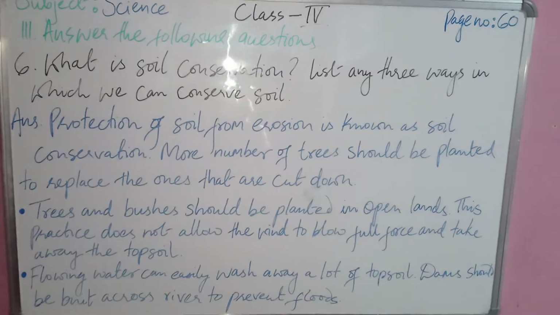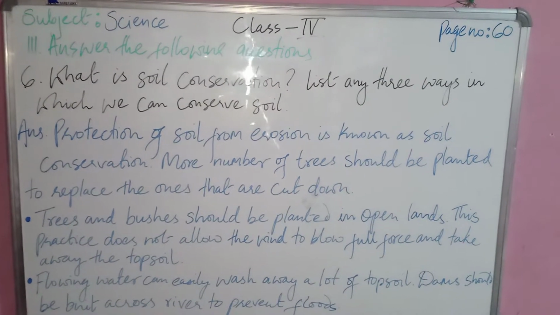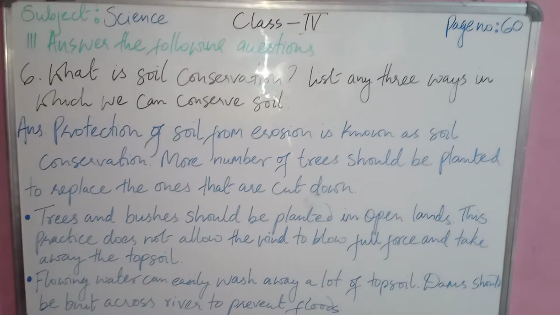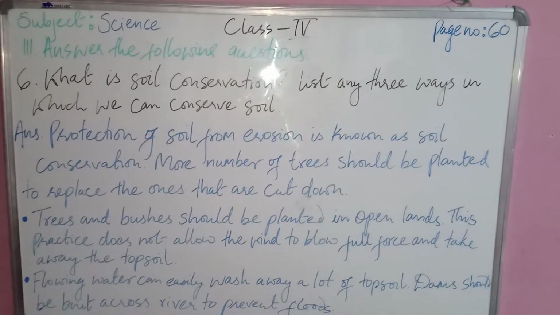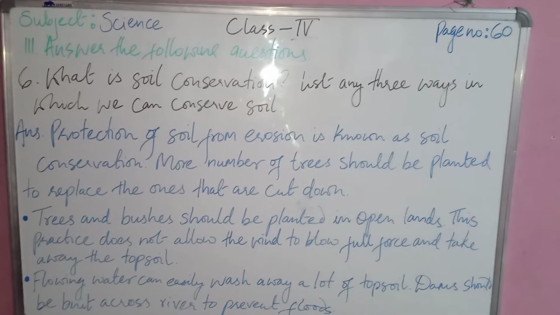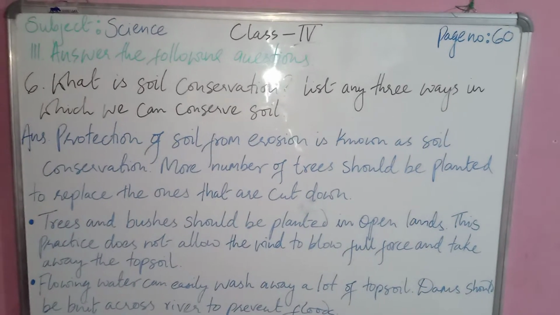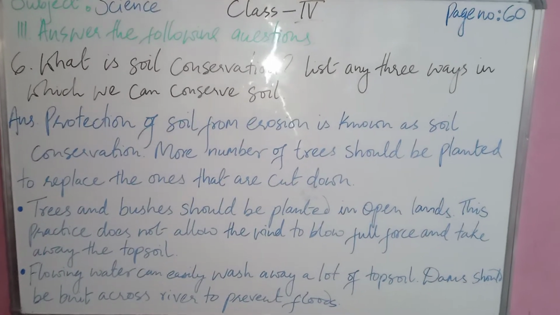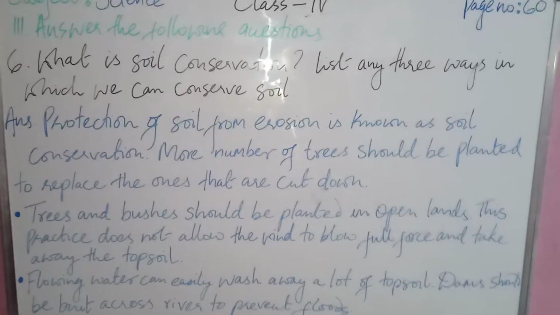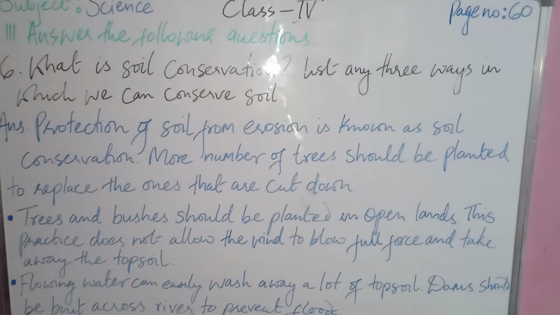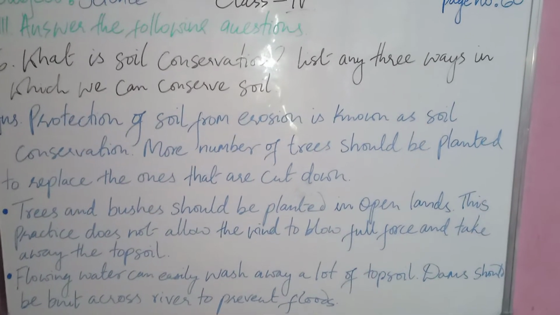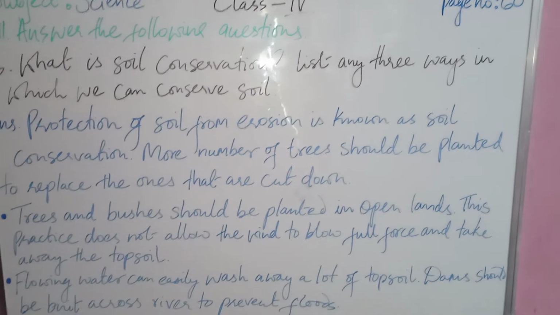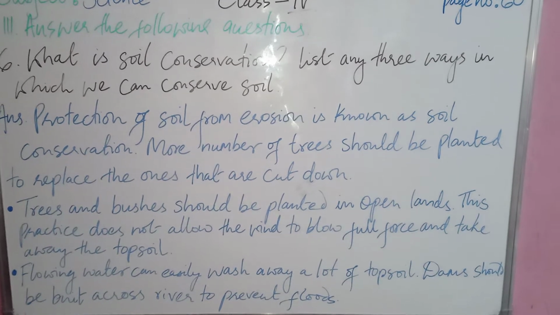Then we have question number 6. What is soil conservation? List any 3 ways in which we can conserve soil. So your answer should be like this. Protection of soil from erosion is known as soil conservation.